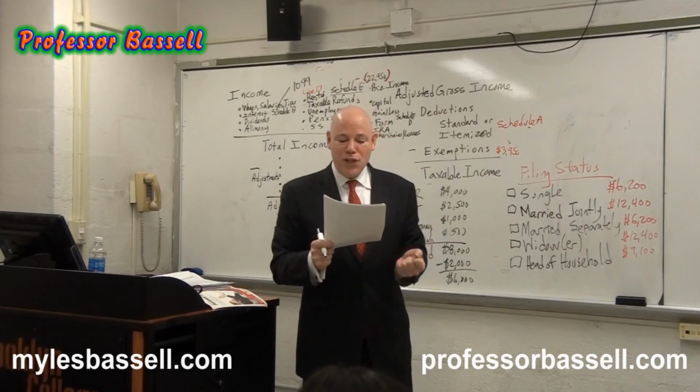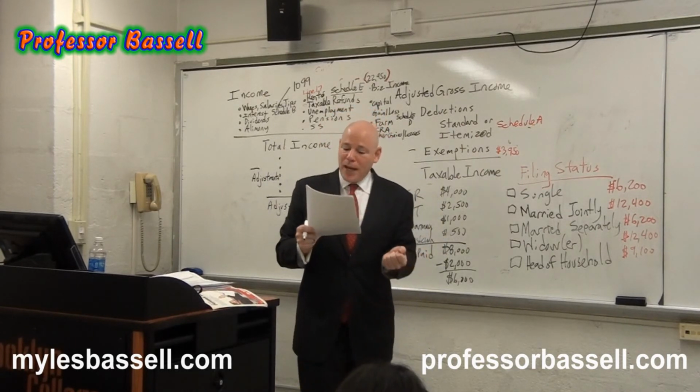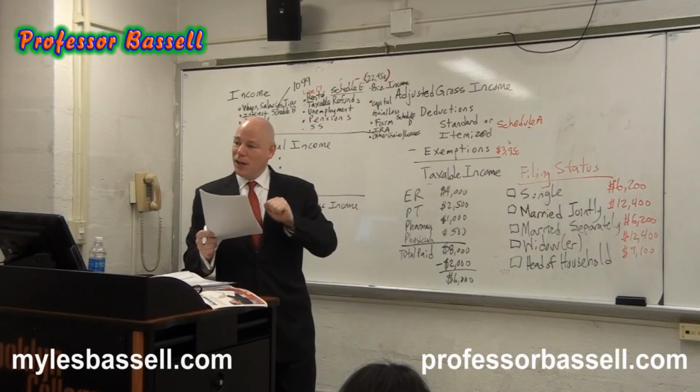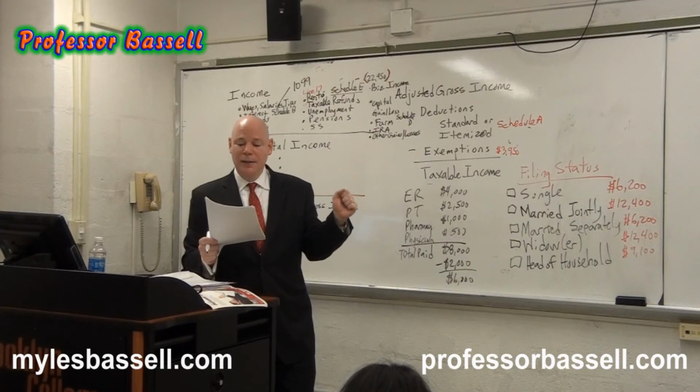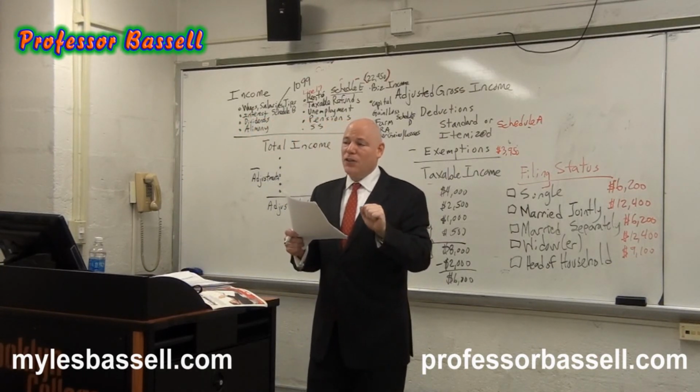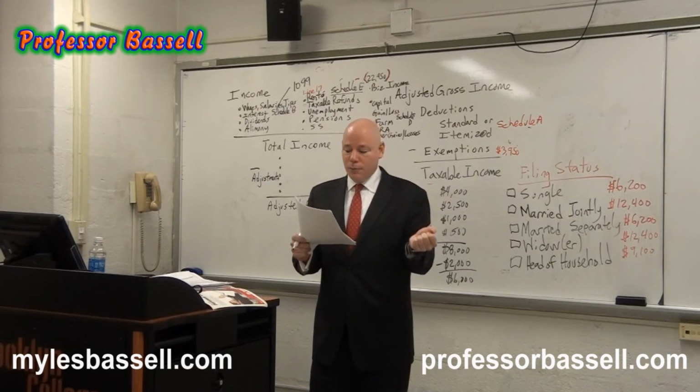So on line 1 we have 6,000. On line 2 we have $100,000. On line 3 we have $10,000, which is the 10% of AGI, which is $100,000. And then we subtract 10,000 from 6,000, which gives us 0.